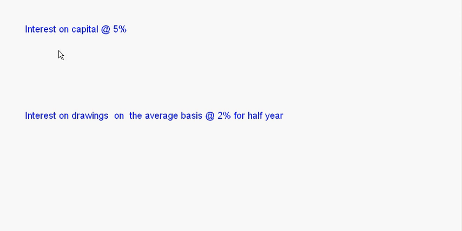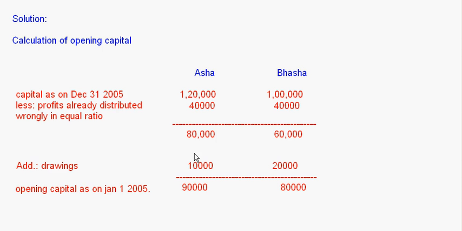After this, the interest on capital at the rate of 5% is to be given, which was not given. So interest on capital will be given on the opening capital. For Asha, the capital that we just calculated is 90,000 and for Basha it is 80,000.